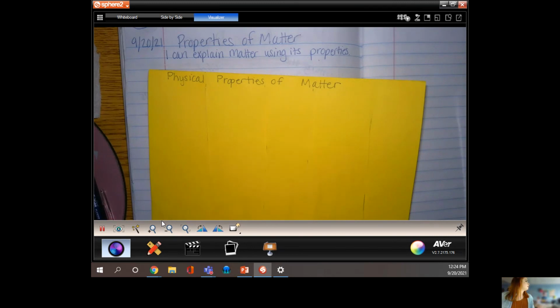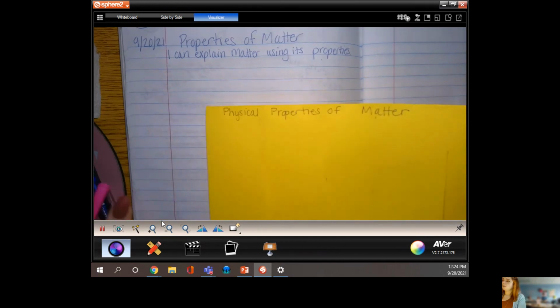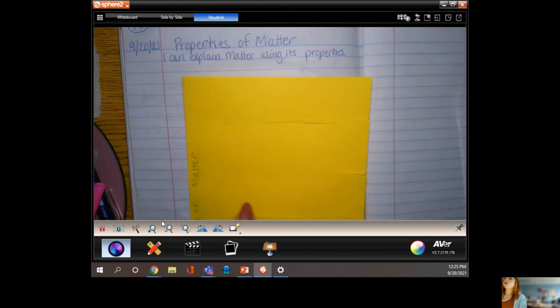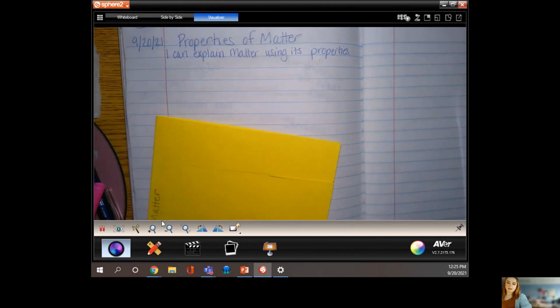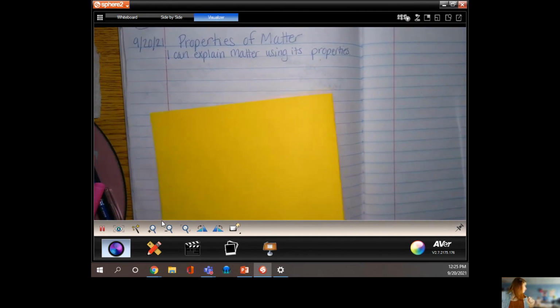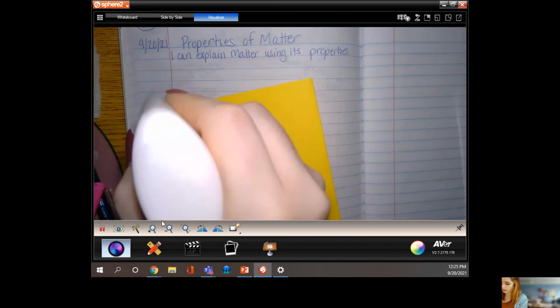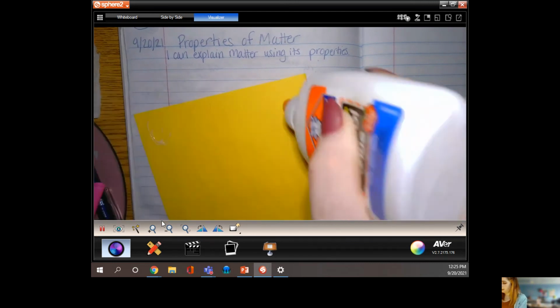I'm just letting you guys read this before I start putting the titles on. Okay, so it should say physical properties of matter, and then you have 5 flaps, and then I'm going to go ahead and glue it in and title the flaps, and then we will have recess. Yep, we're going to glue it in, we're going to put titles.